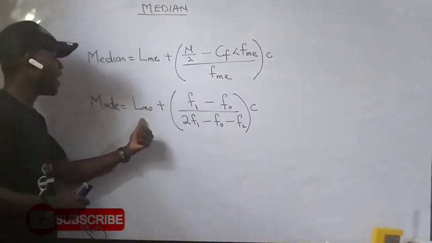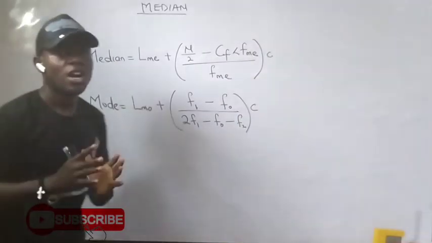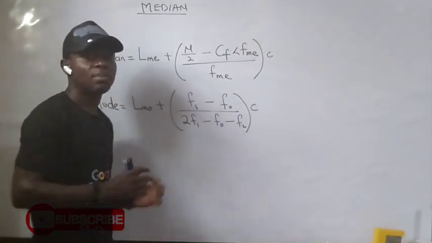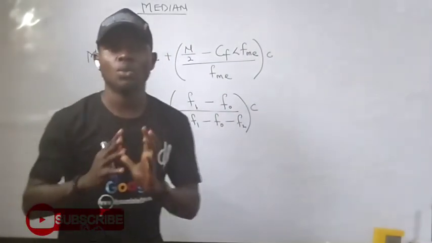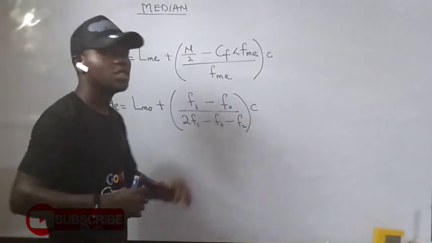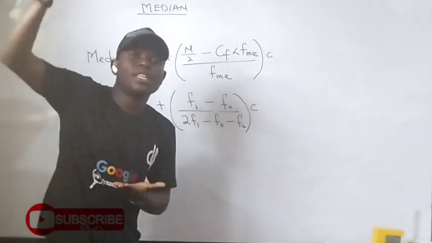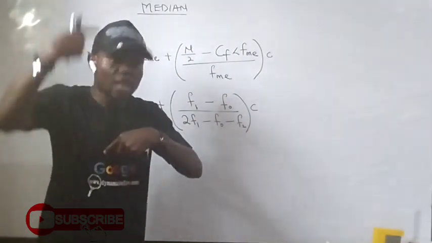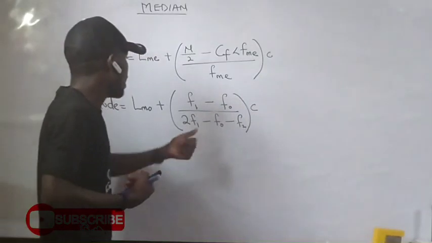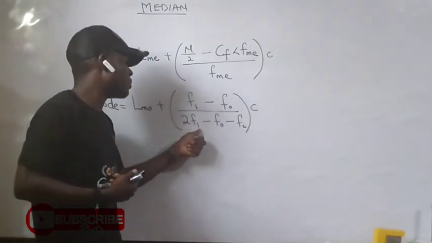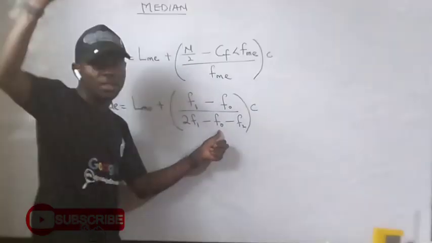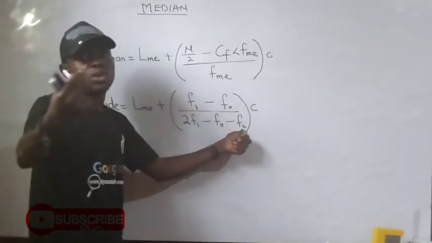Where LMO is the lower class boundary of the modal class, F1 is the frequency of the modal class, and F0 is the frequency of the preceding class, the class just before the modal class, all over 2 times the frequency of the modal class minus the frequency of the preceding class minus the frequency of the succeeding class.